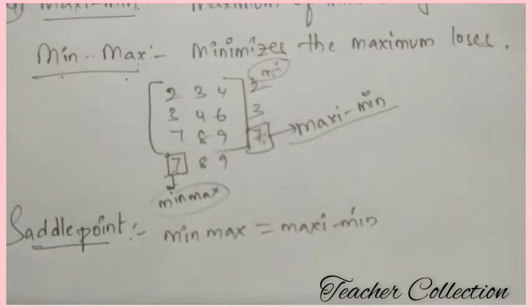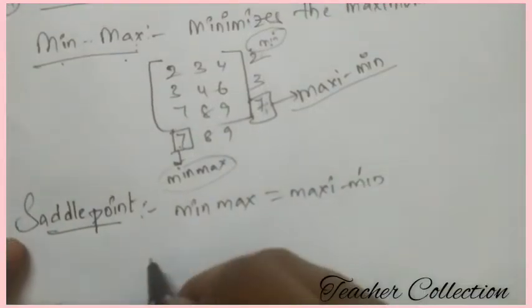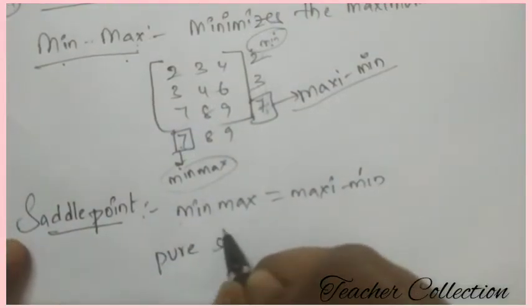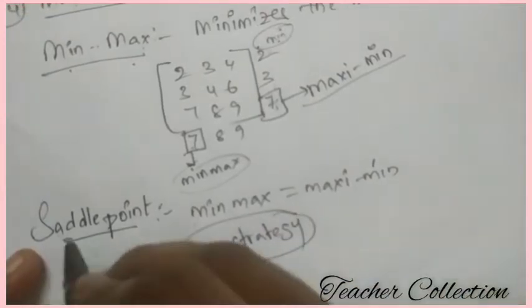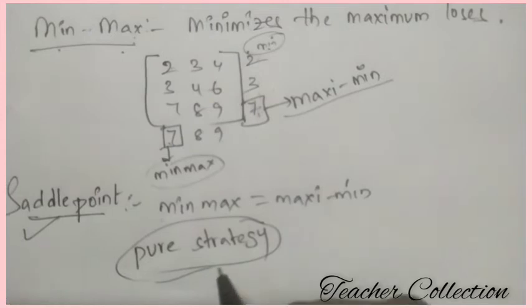If a game has a saddle point, then each player has a pure strategy. If there is no saddle point, then the players have a mixed strategy.